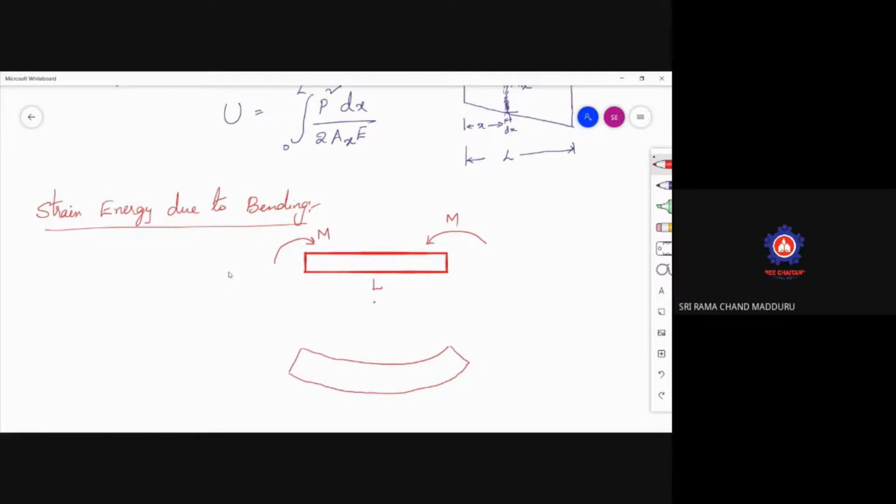Now, you might have studied the flexural formula in the basics; the same thing we are doing here. Here, this is radius r. This is the neutral axis.